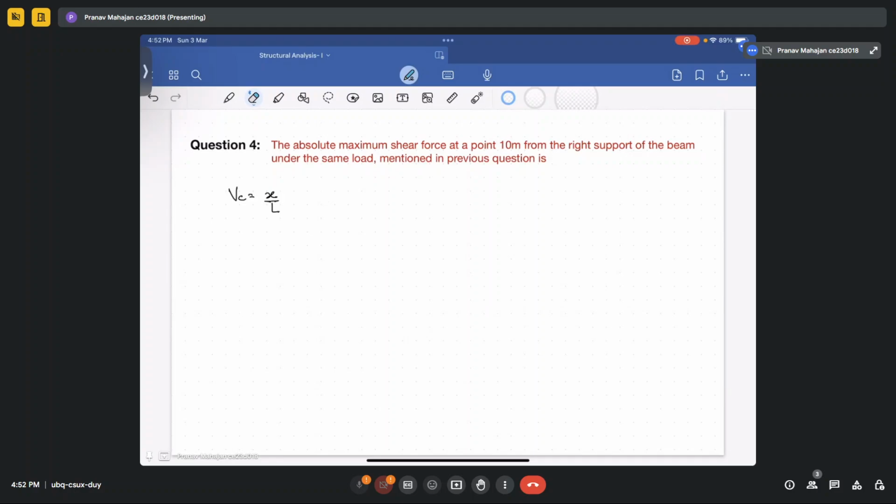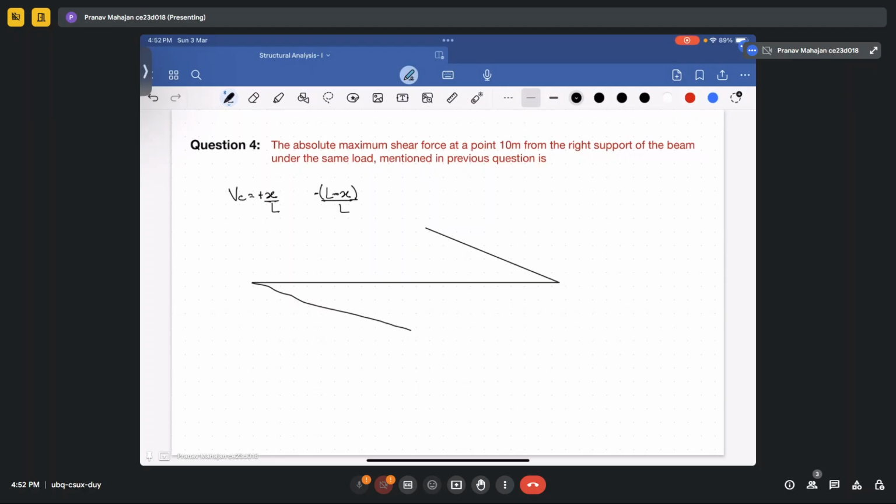I will write it again. Now, if I consider the right hand side it will be plus, and if I consider the left hand side it will be minus. So if I draw the ILD for that member, it will be H upon L. So this is positive, and this will be negative.